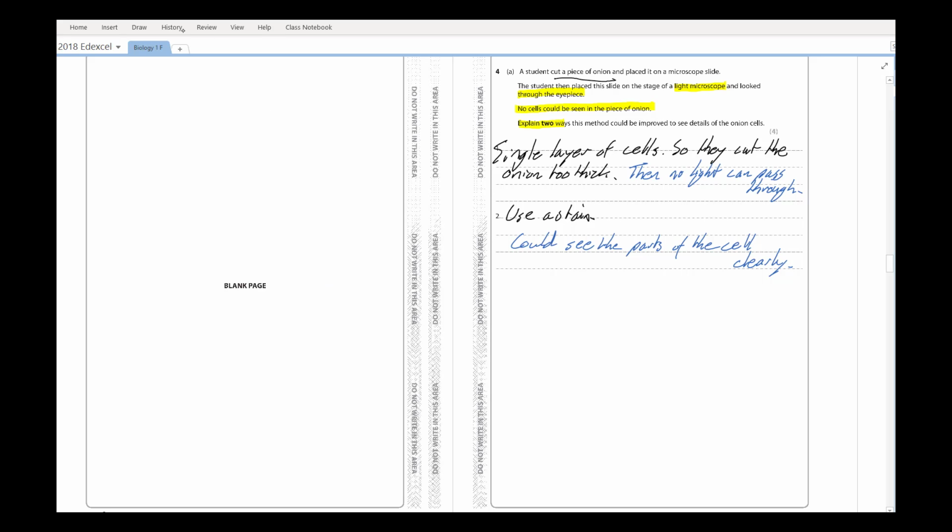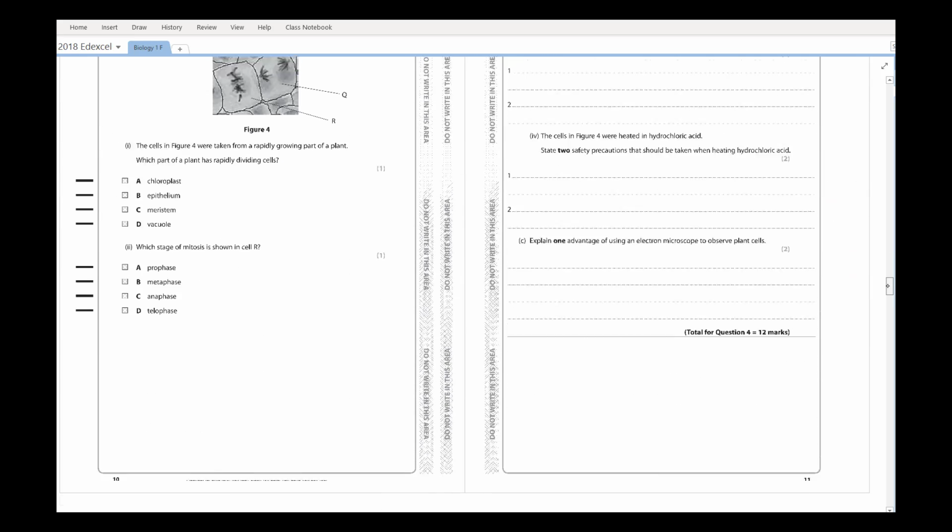Another reason is the power of the lens is too low, so they won't be able to see the structures. So they will need to increase the magnification. Those are the three most common answers we generally find on this paper.